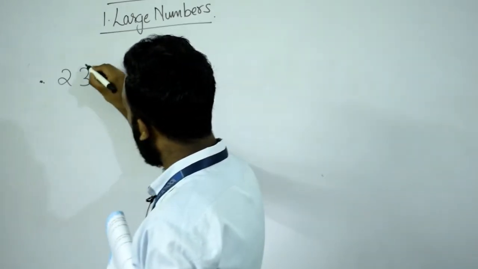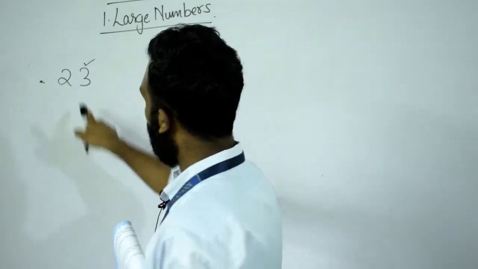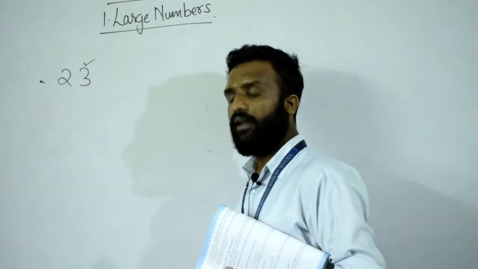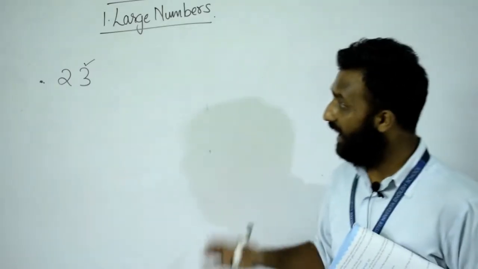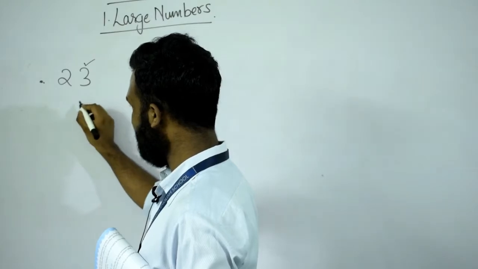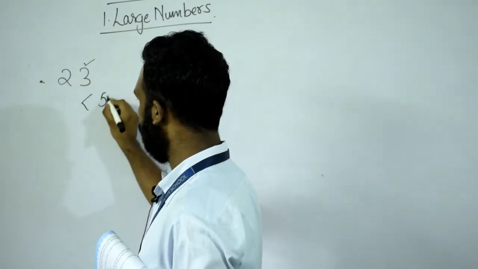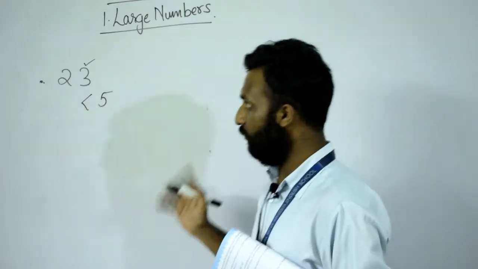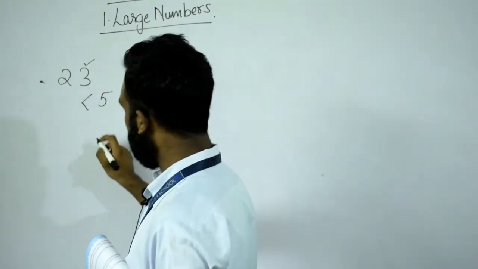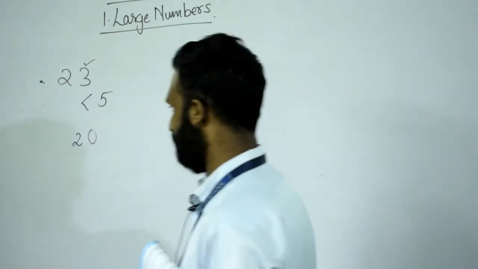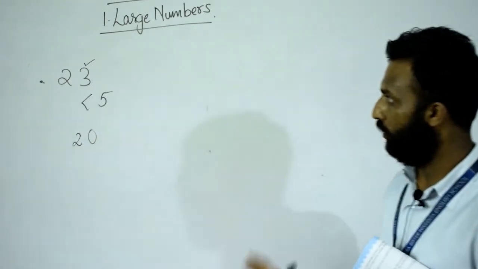We'll check the ones place. We have 3. If this number is less than 5, at the ones place we'll write 0 and at the tens place we'll keep it as it is. So it will be 20.